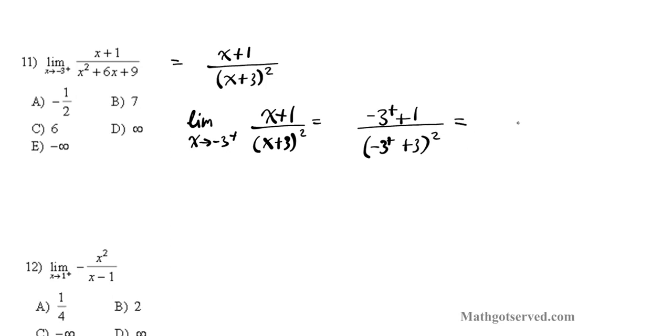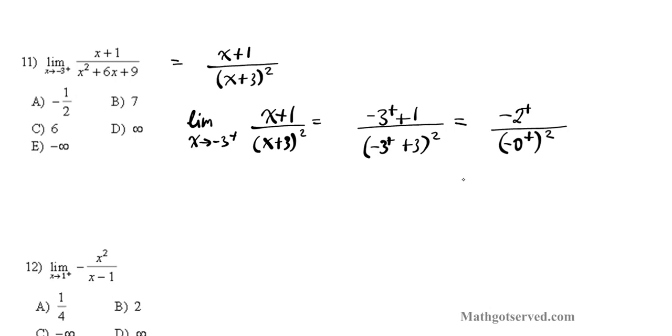Okay, in the numerator, we're going to have negative 2 from the right. We subtract these 2 and preserve the directionality of the 3, divided by, in the denominator, if you subtract these 2, negative 3 from the right plus 3, you're going to end up with 0 from the right. And then you're going to go ahead and square that.